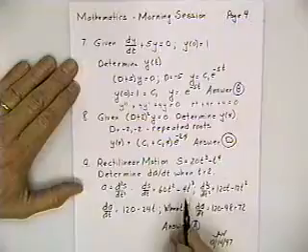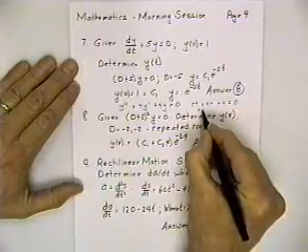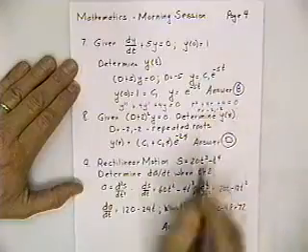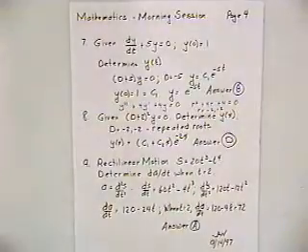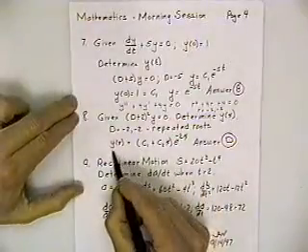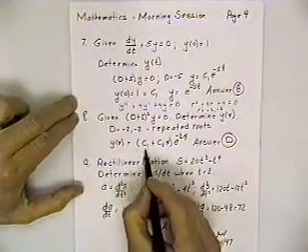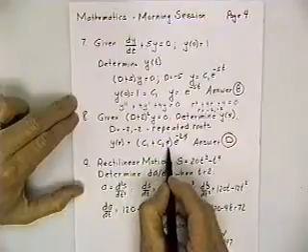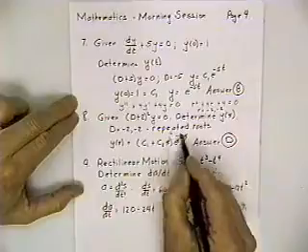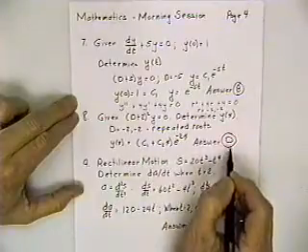And that will give you the values r equal minus 2 and minus 2. That will give you y is equal to c1 plus c2x e to the minus 2x because we have repeated roots.